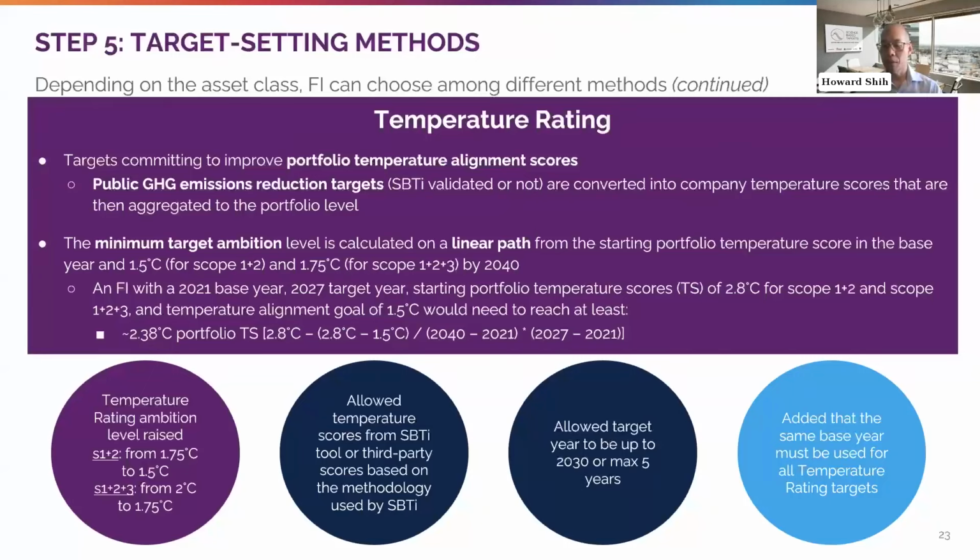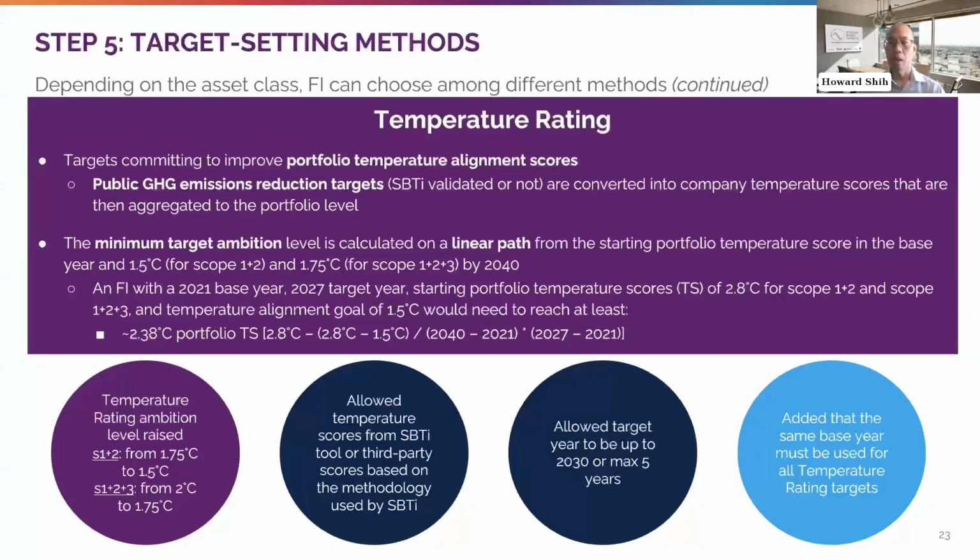And then a question here, if the target submission year is 2024, can the target year be set for 2030? So I can take that one. So for the SDA, the time frame can be 5 to 10 years. So yeah, if you submit this year, 2030 is within that 5 to 10 year range.